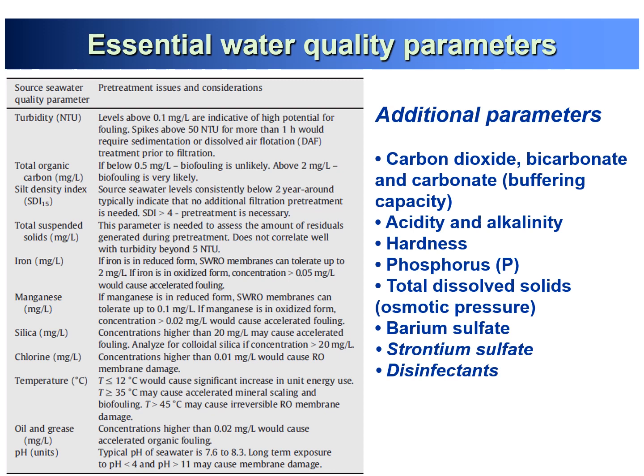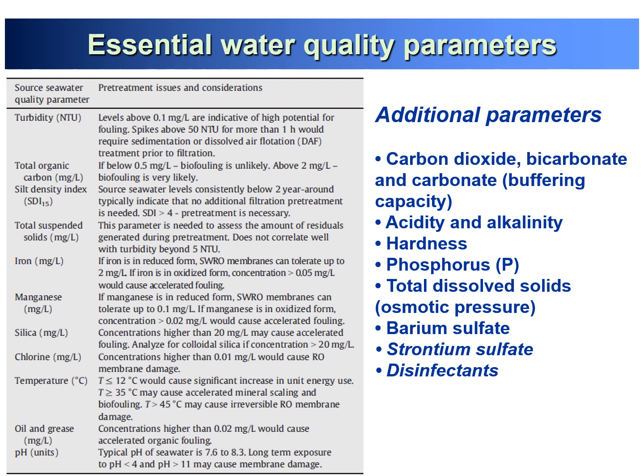Also, oil and grease, pH. We already discussed pH last meeting. Additional parameters we also need to consider are carbon dioxide, bicarbonate, and carbonate. This is the buffering capacity, which will combine with calcium carbonate or phosphate and magnesium carbonate, which will generate inorganic scaling.